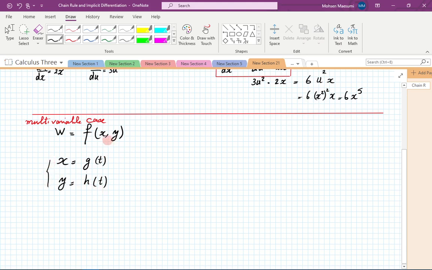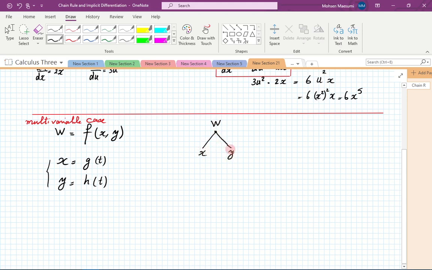So a very good way to negotiate in this alphabet soup is to draw a tree diagram for dependency of our variables. So in this kind of trees, typically the root is at the very top, so it's kind of strange in that way. w depends on x and y.